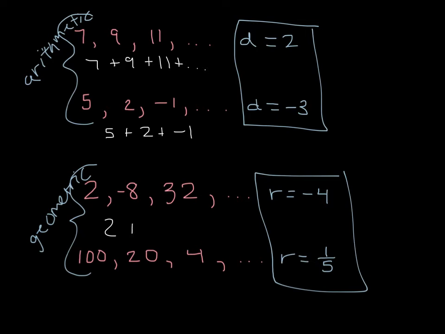So each of these that I'm writing in white would be series, whereas the ones in pink are the sequences.